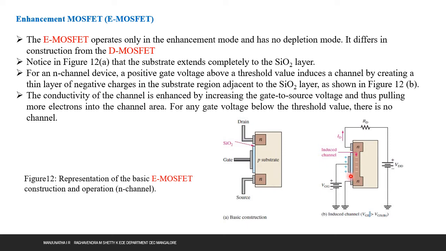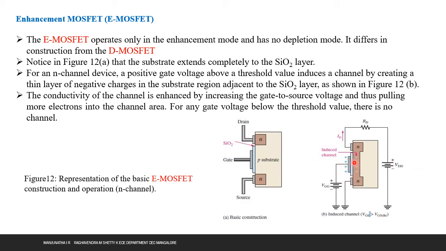The capacitor has two plates, and one side of the capacitor will accumulate one type of charge, and the other side will accumulate the opposite charge. So how is the capacitor going to work? Since we are giving a positive voltage from VGG, positive charge carriers will be accumulated here, on one side of the silicon dioxide layer.